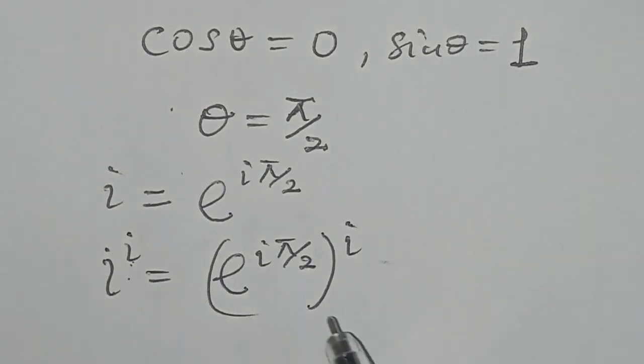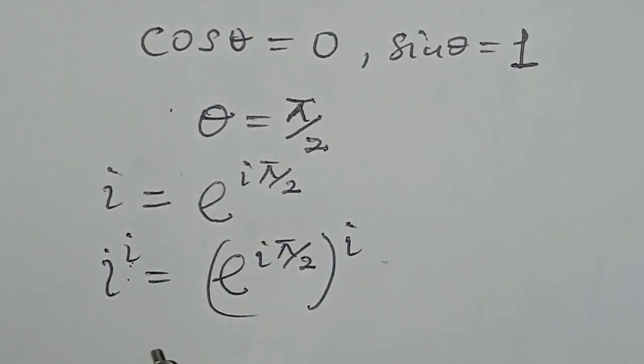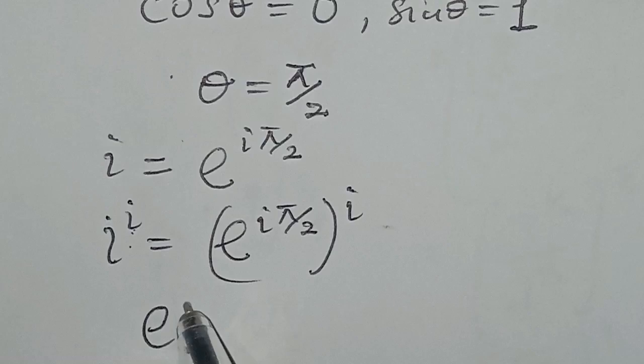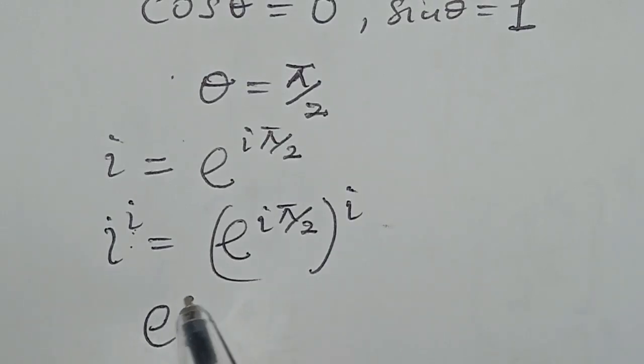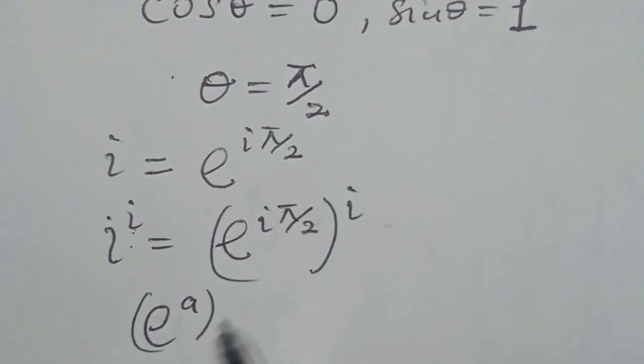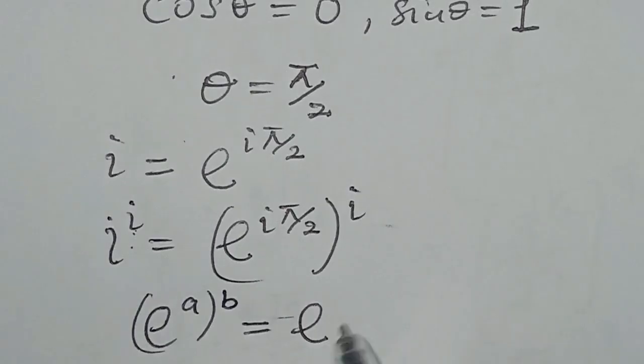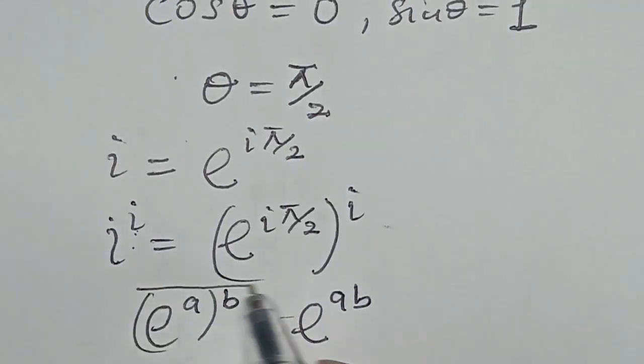Now we can recall from our identity of indices, which implies if we have a base with an exponent, say a to the power of something in brackets, raised to another given exponent, then these exponents can be merged together by multiplication, and we can write that as a multiplied by b.